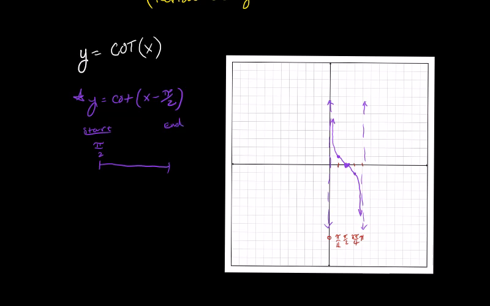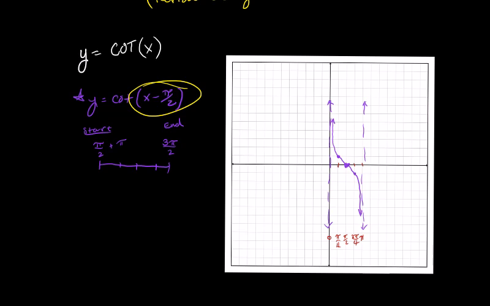The period of a cotangent function is pi, so we'd add pi to this and it would be 3 pi halves. Then you can find your points in between. Really all it is is finding the new start and the new end. Since cotangent normally starts at 0, whatever the horizontal shift is, that's where it's going to start. That will be our starting point, and then we add the period to find where it ends.